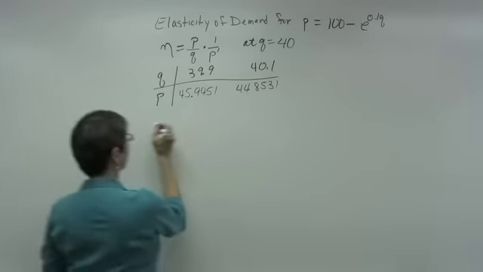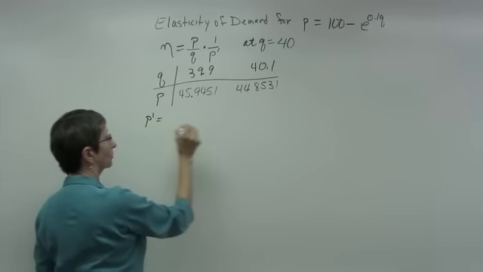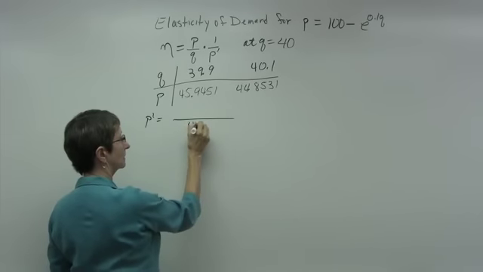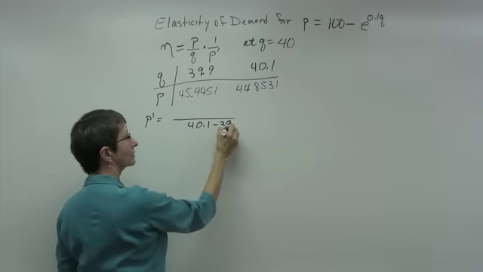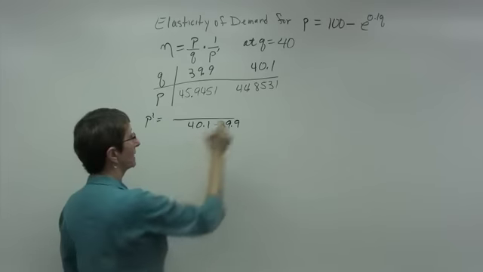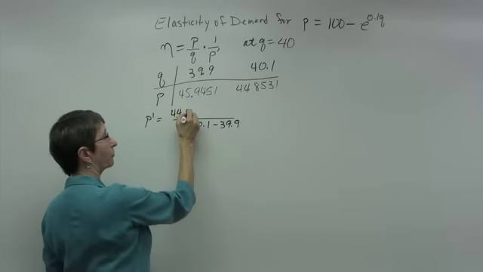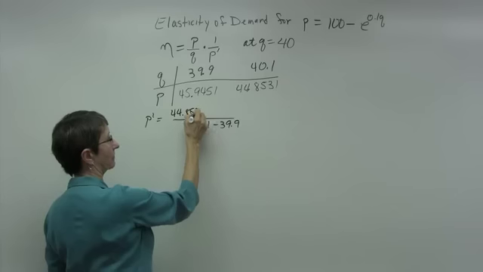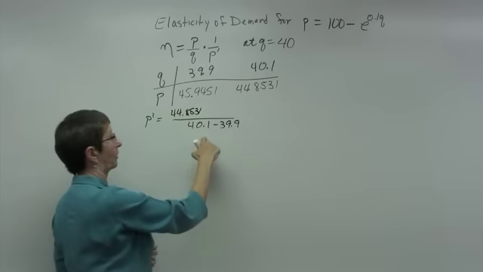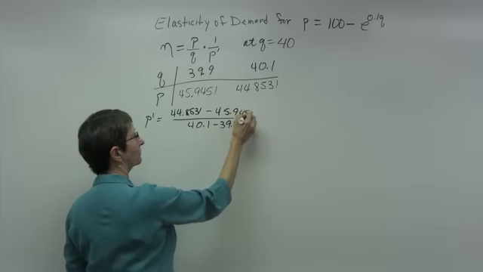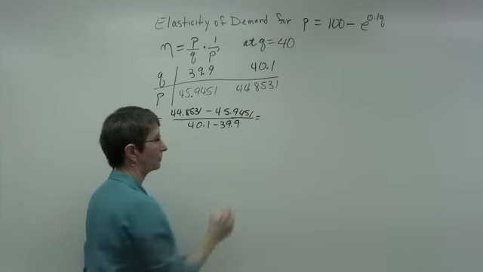So that P prime would equal, let's go in the denominator, 40.1 minus 39.9. And in the numerator, 44.8531, that goes with 40.1, minus 45.9451.